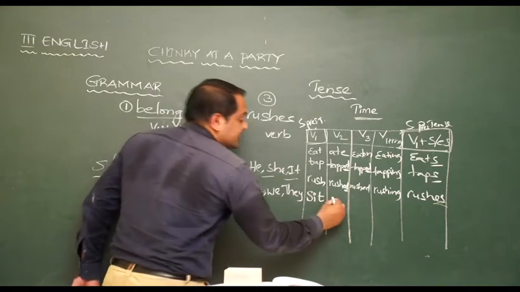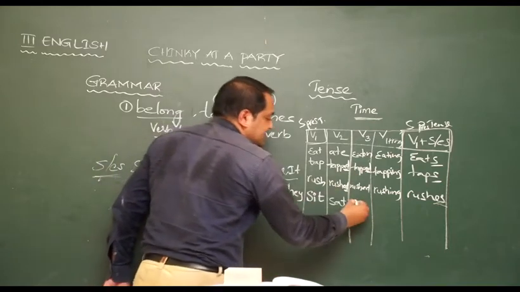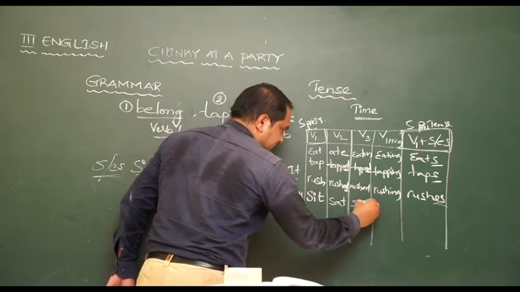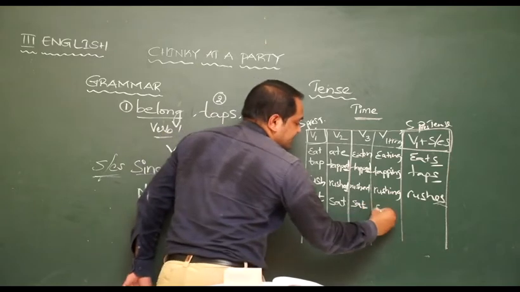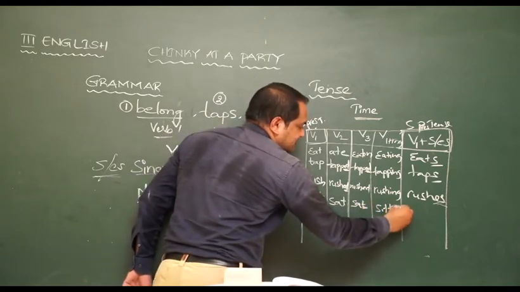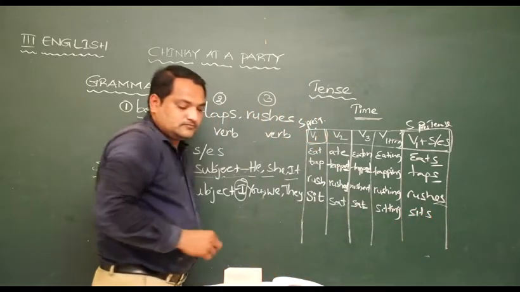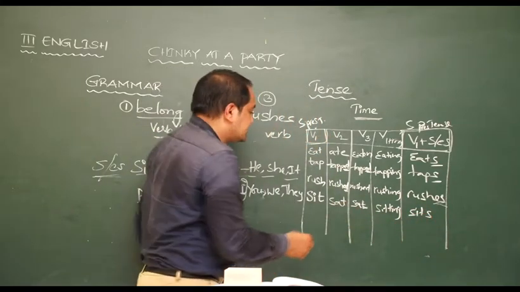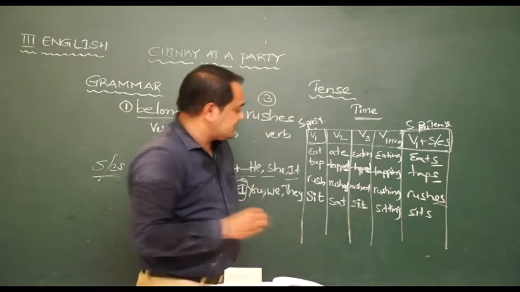Sit. Then V2, sat. Sit, sat, sitting, sits. Here V3 form is also sit.